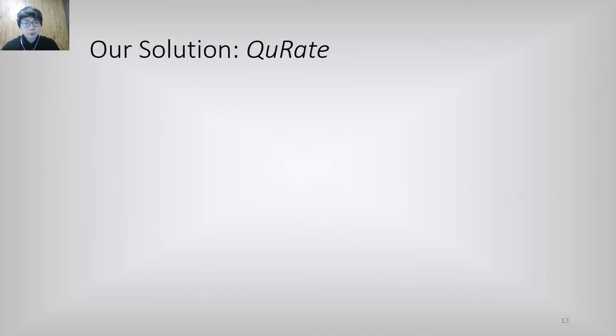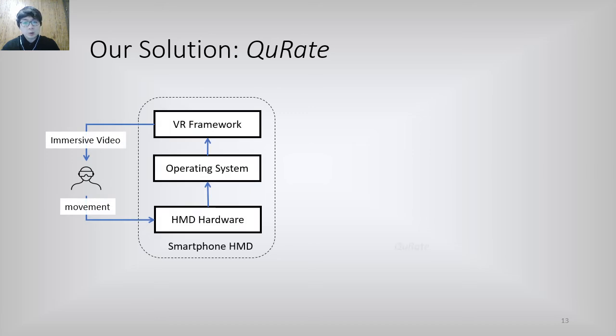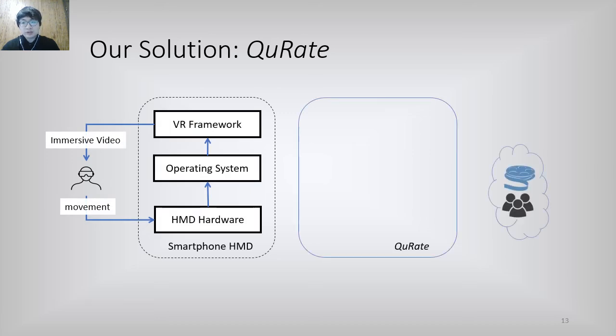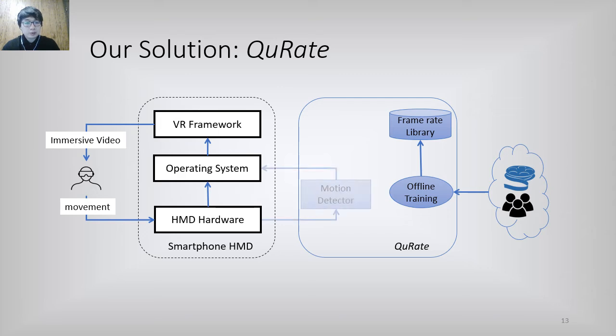So given these two rules, we proposed our final solution and we named it QuRate. Let's see, we have our original system here, and when we introduce QuRate, we first adopt the dataset of some previous users and videos and generate the frame rate library. Then QuRate will also take the user's movement data and calculate the velocity of view switching in a certain time period.